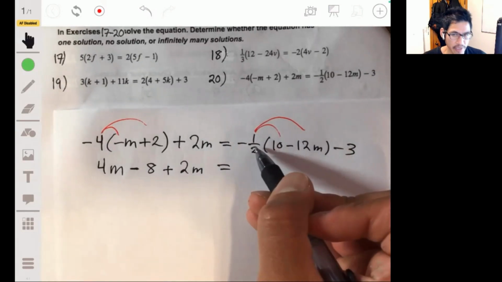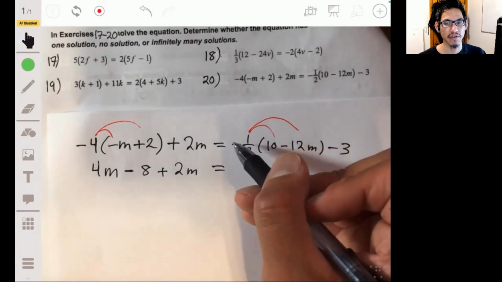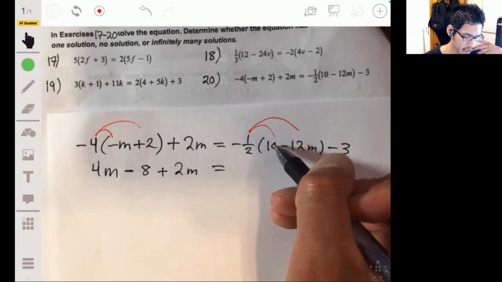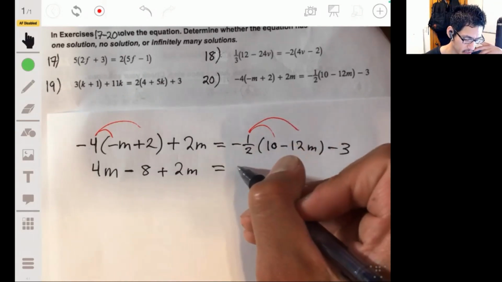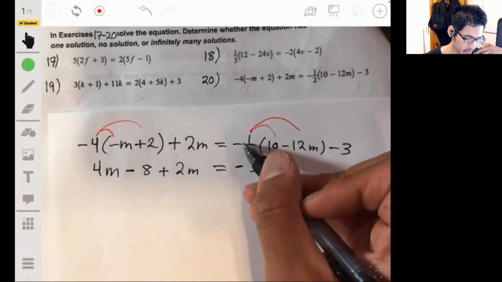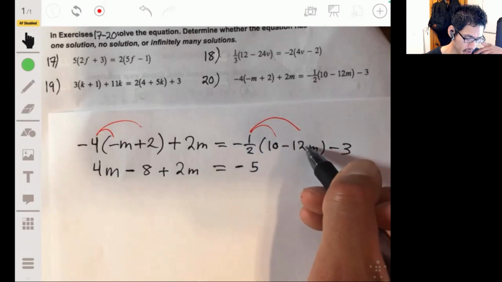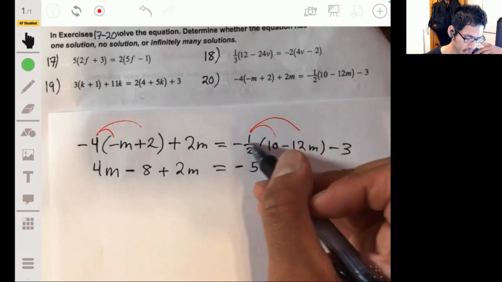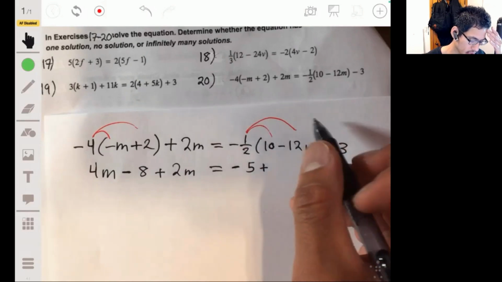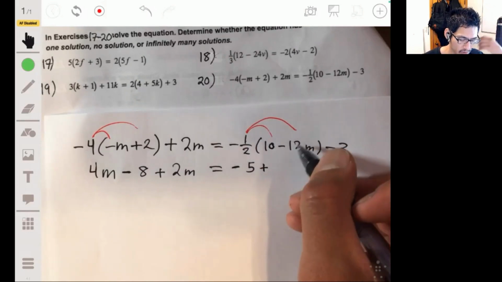Equals, again, just think logically. Negative 1/2 times 10. Well, if I take 1/2 of 10, that's 5. And since we have a negative sign, negative 5. And then negative 1/2 of negative 12. Let's just make that a positive right now. We know that half of 12 is 6.